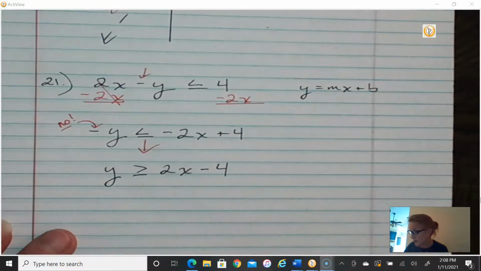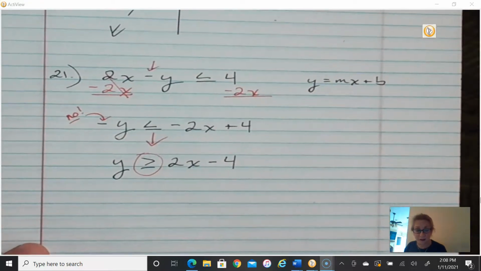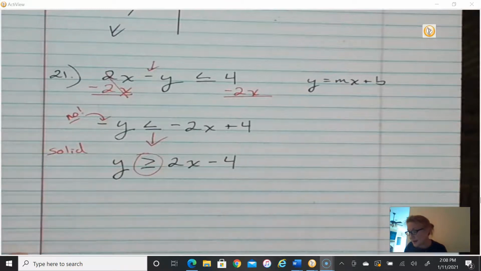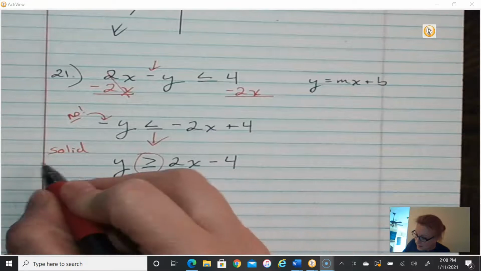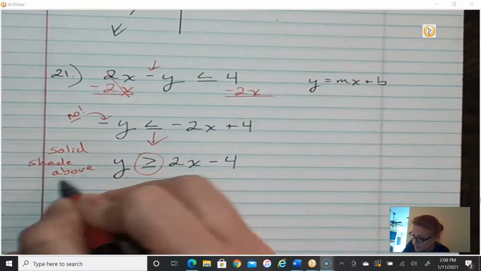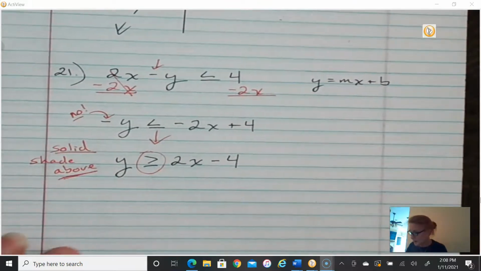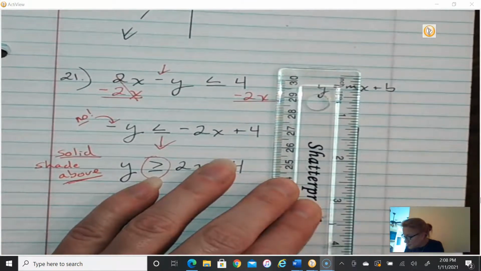So now we are going to answer the question of, is that a solid or dashed line? It's solid. Is that going to be shaded above or below? Shade above. So solid and shade above. I'll do my graph over here.